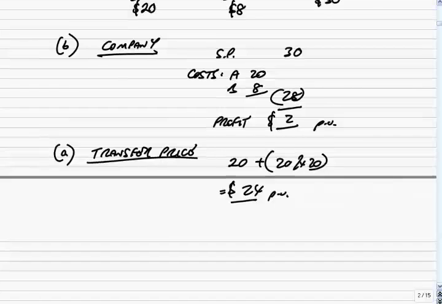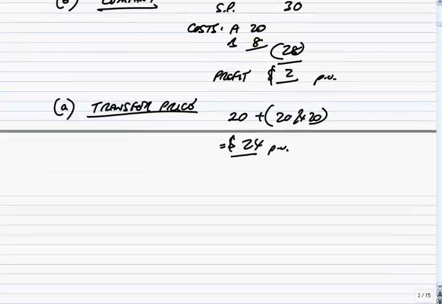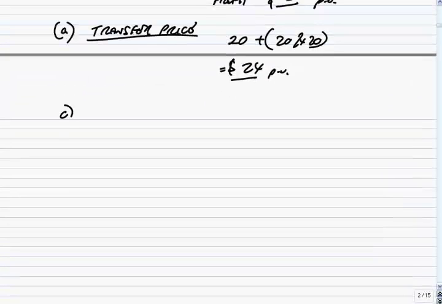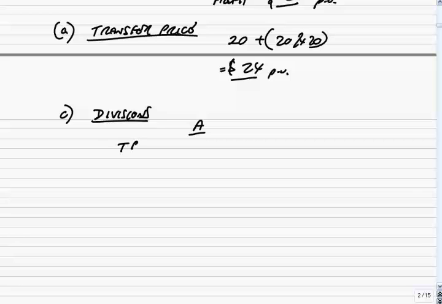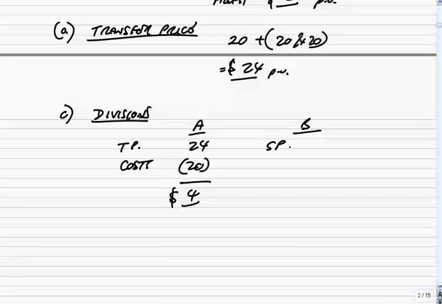$24 a unit. Finally, the divisional profit. A, they're transferring at 24. They have costs of 20, a profit of $4. B, selling price 30. The costs they're buying from A at a cost of 24.